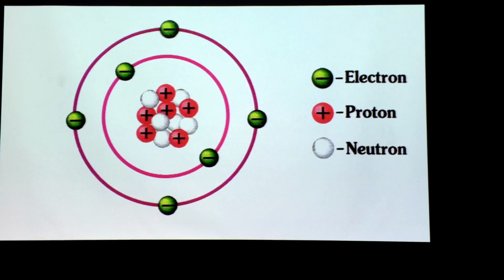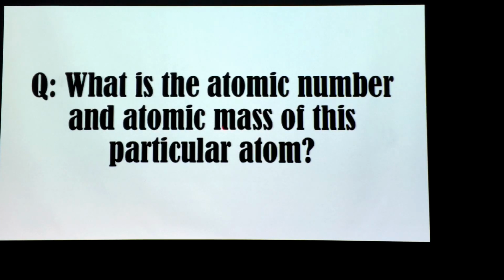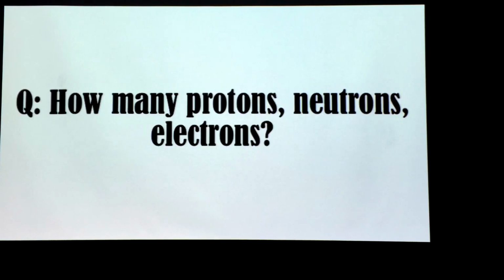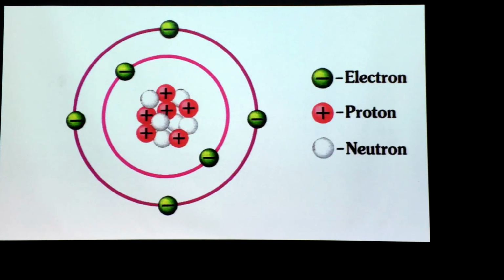Another question: what is the atomic number and the atomic mass of this particular atom? So you don't have to know what this atom is. You just have to know the definition of atomic number and the definition of atomic mass. And the answer is, all you have to do is add up the number of protons, and in this case, this particular atom has 6 protons, and therefore it has an atomic number of 6.